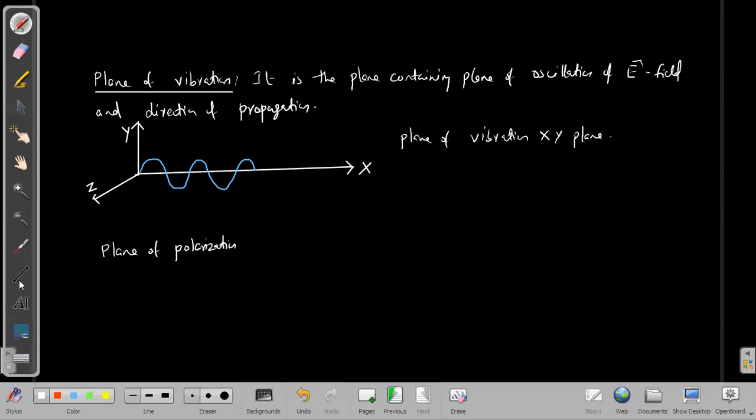So basically the plane of polarization is a plane perpendicular to the plane of vibration and parallel to the direction of propagation. So it is a plane containing the direction of propagation and the direction perpendicular to the oscillation.